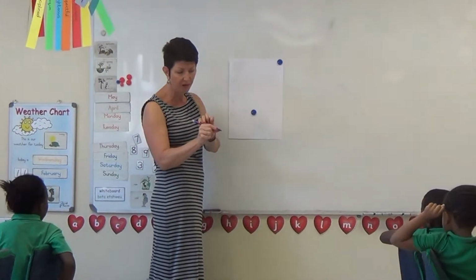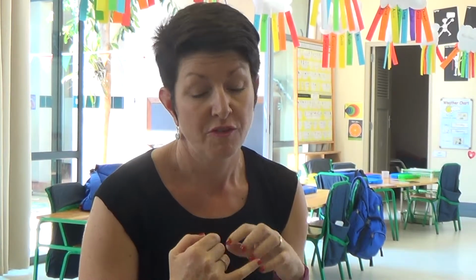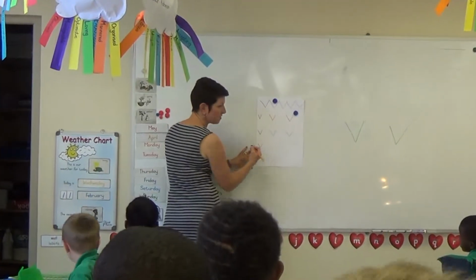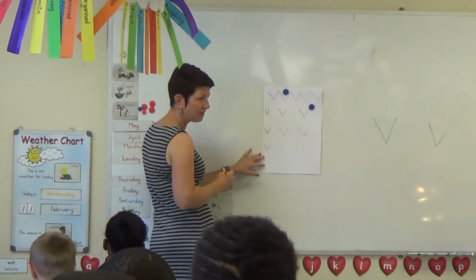So the building blocks for reading begin with an understanding of phonemic awareness, understanding that what I say can be broken down into little speech sounds, that cat is made up of k and a and t. The second building block is the alphabetic principle, understanding that that k is represented by a letter that looks like a C, that the a is represented by the letter A, and so on.